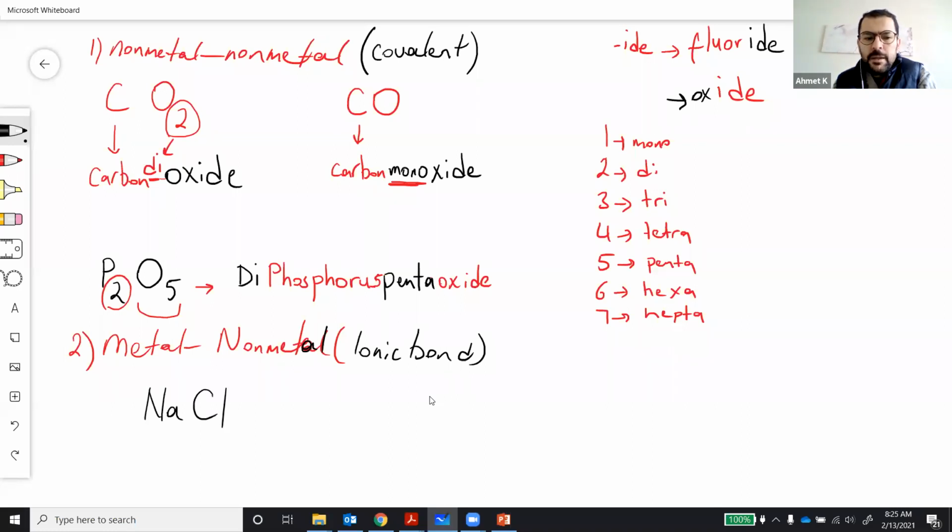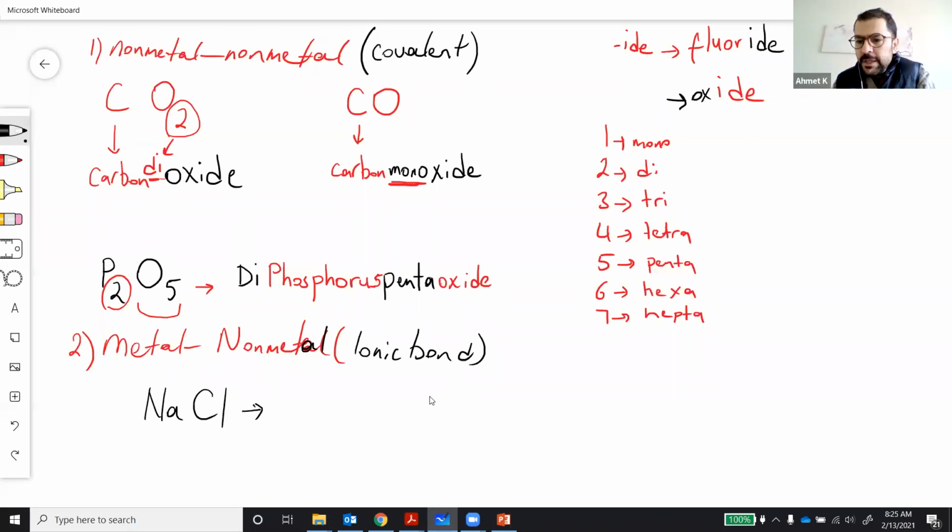So when it comes to writing metal to non-metal, the rule is pretty much the same, with just slight differences. So far, the rules that you learned from non-metal to non-metal, how would you name this? The first element. Sodium chloride.